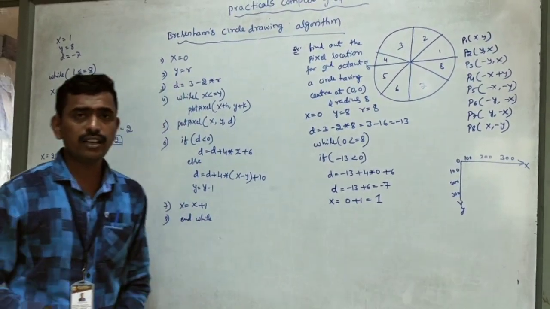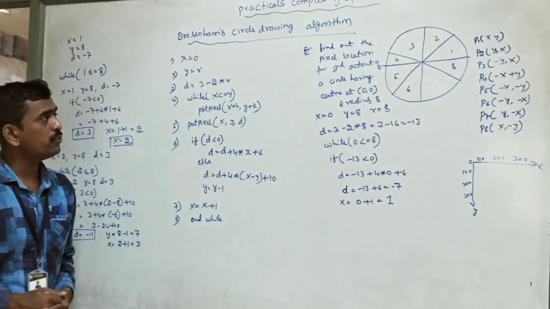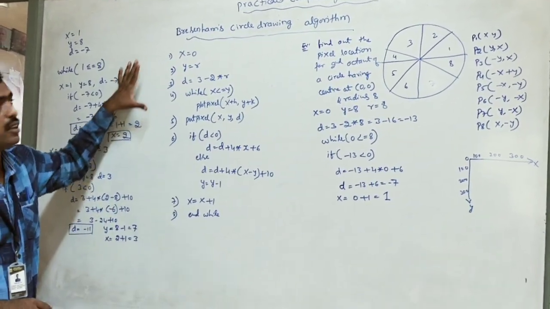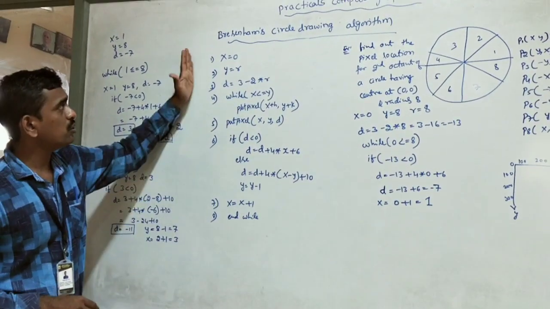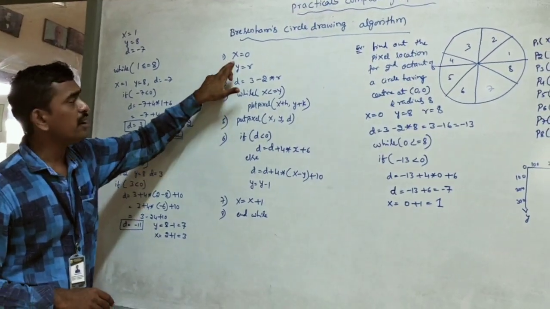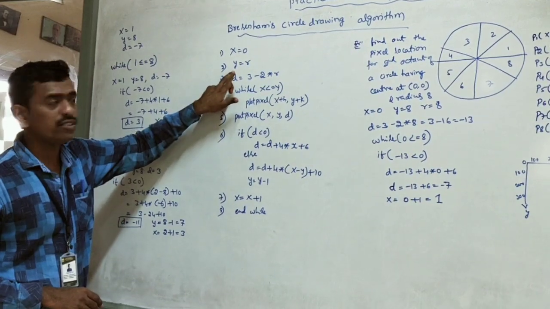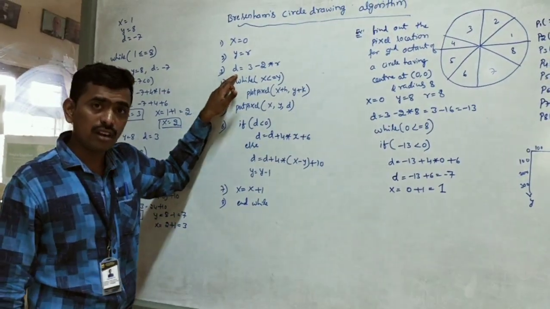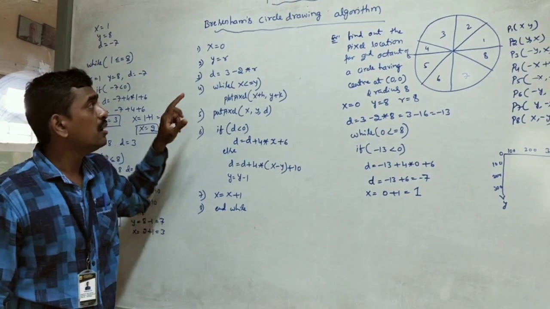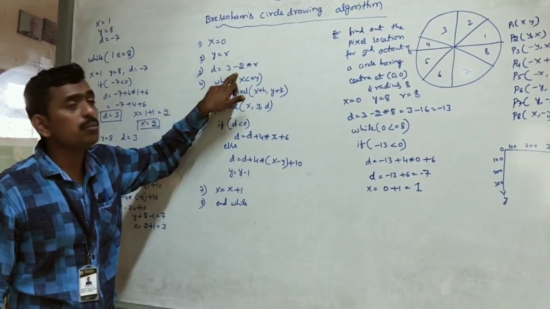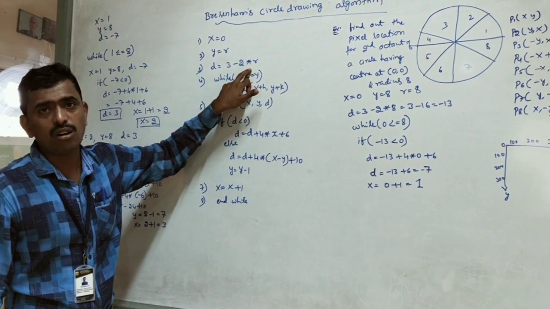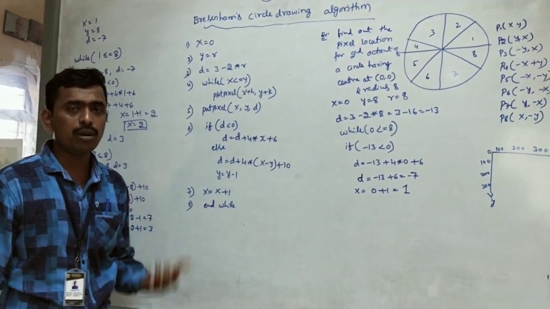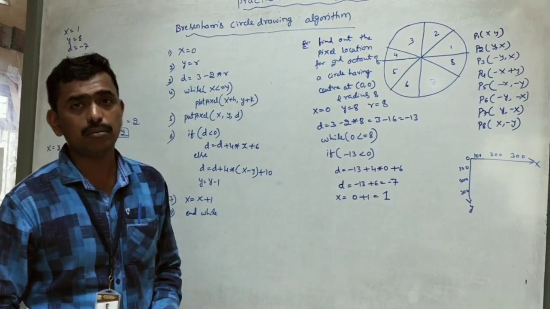There is an example here, but before the example, first know the Bresenham algorithm. Step 1: x equals 0, y equals r. This is the formula obtained in the theory part. Also, in Bresenham's circle drawing algorithm, d equals 3 minus 2 asterisk r. This is the formula used to solve the problem, from the theory part.